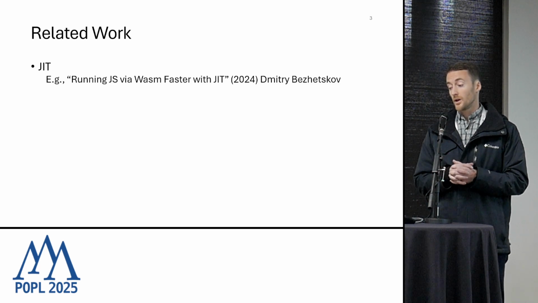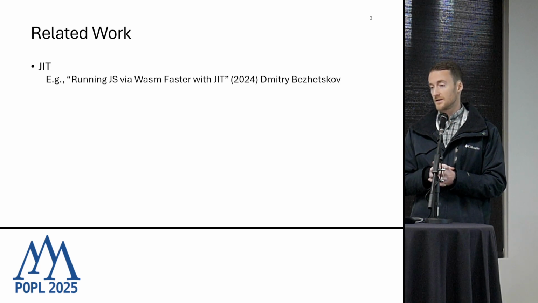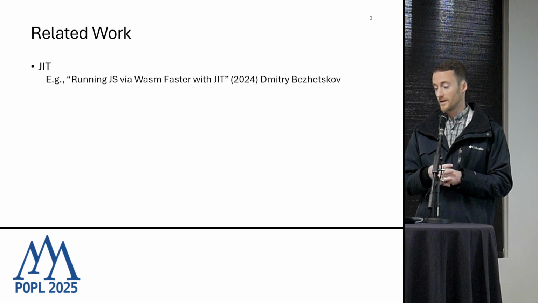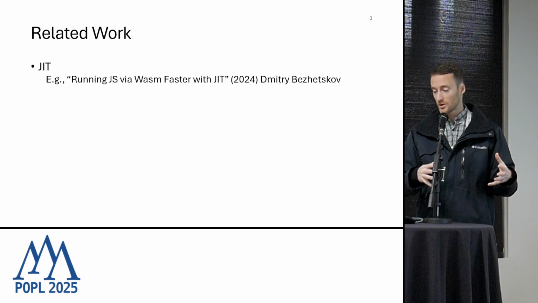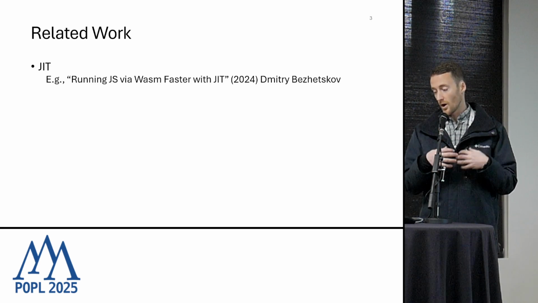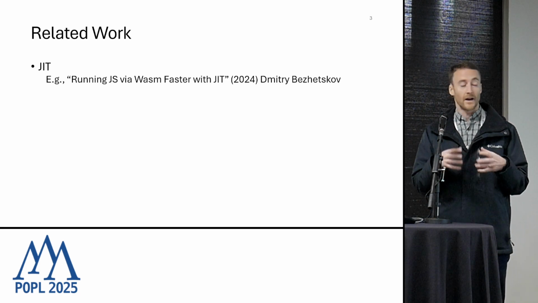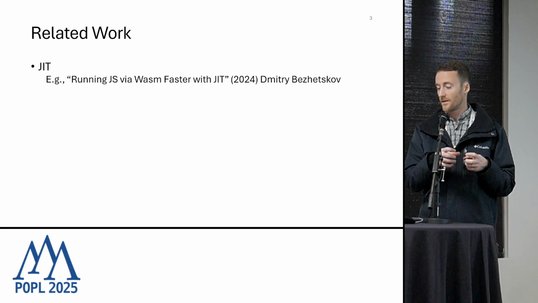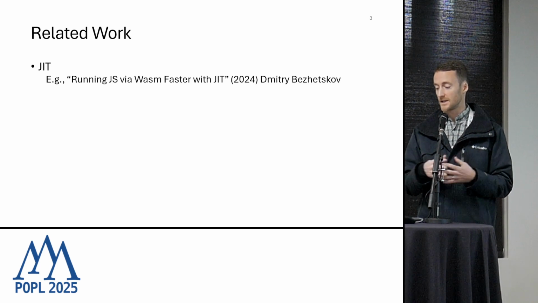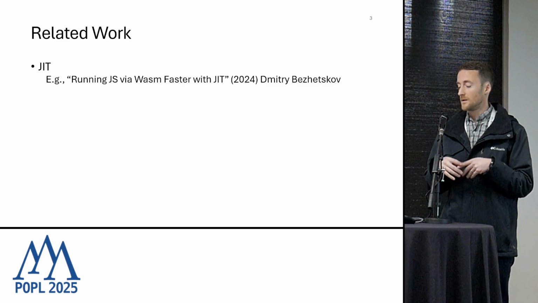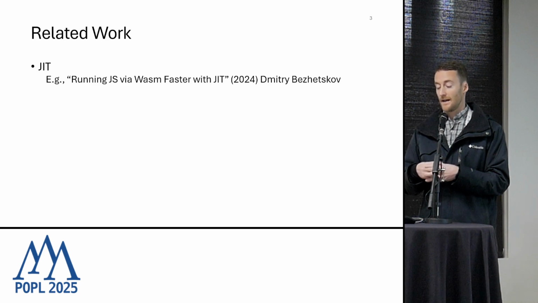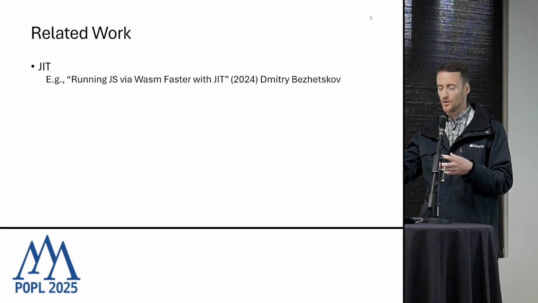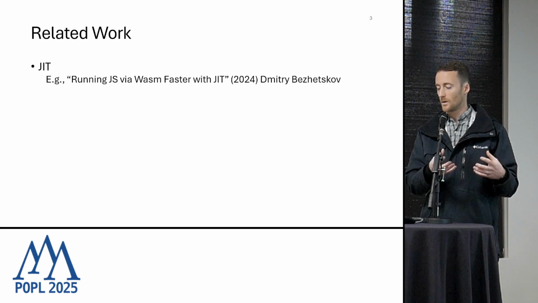So we'll argue that this problem matters because there are already various attempts to solve this. There's the just-in-time compiler approach, and for our scenario, this would look like finding hot functions while an interpreter is executing, compiling the program's bytecode to WebAssembly, and then somehow patching that new WebAssembly into a running WebAssembly instance.